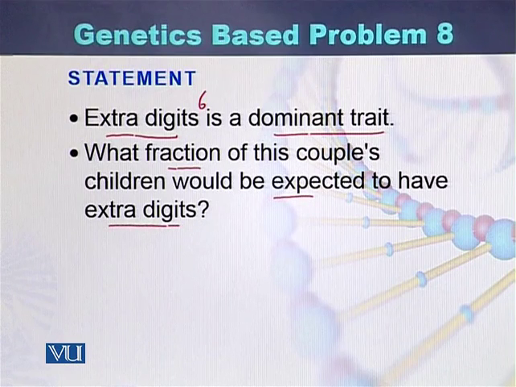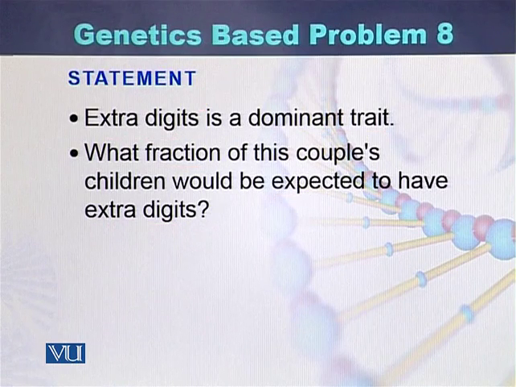So based on this information, a man who has 6 fingers while his wife has 5 fingers, and the 6-digit phenotype being dominant, we have to calculate the number of children who have extra digits.